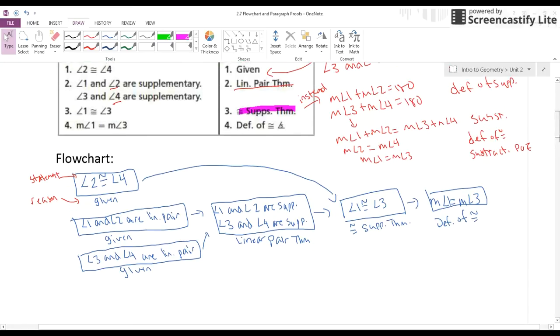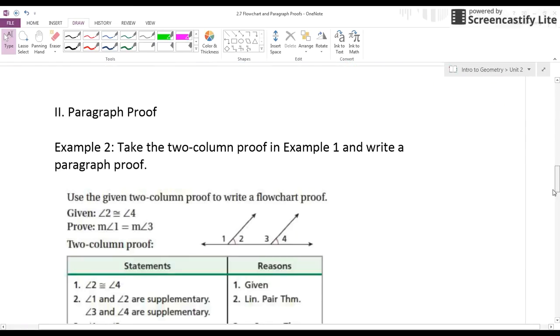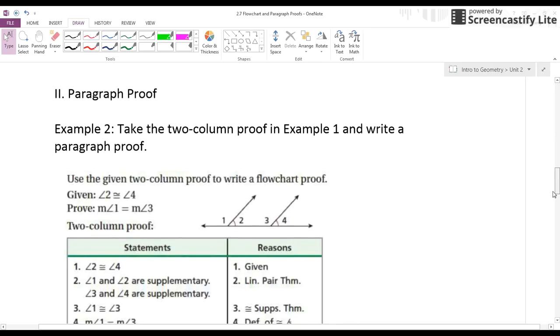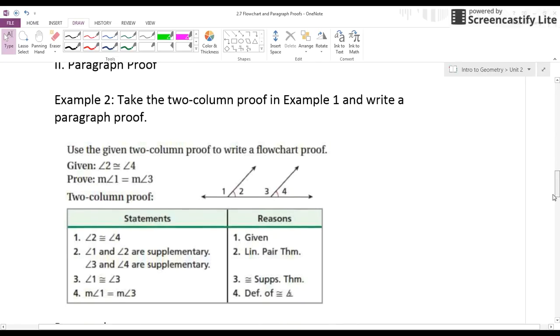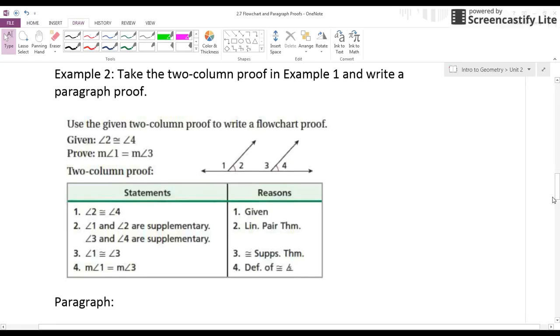So that's the flowchart. The next one we're talking about is a paragraph proof. So we're going to take that same two-column proof and write it as a paragraph. And when you're writing it as a paragraph, it's exactly that. You're writing a paragraph. So you're going to use your statement and your reason, and each of these is going to become a sentence, right?